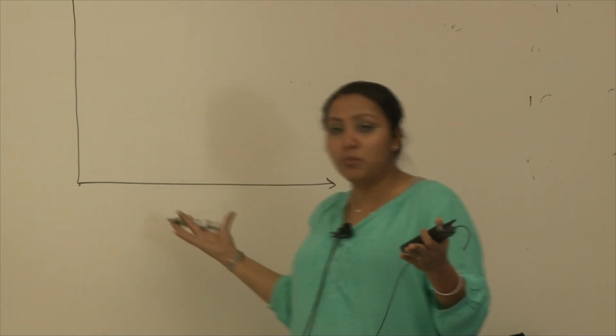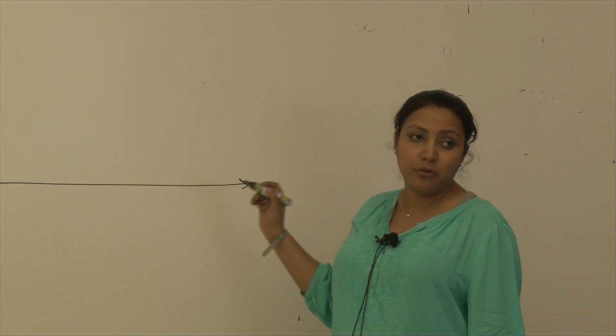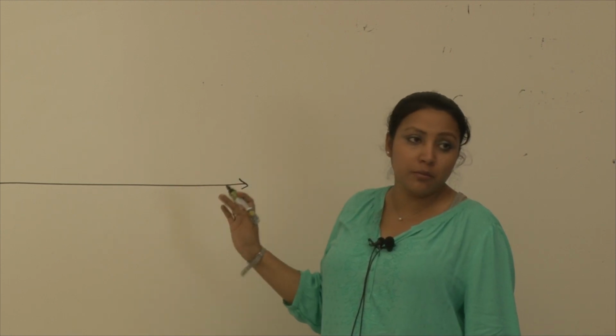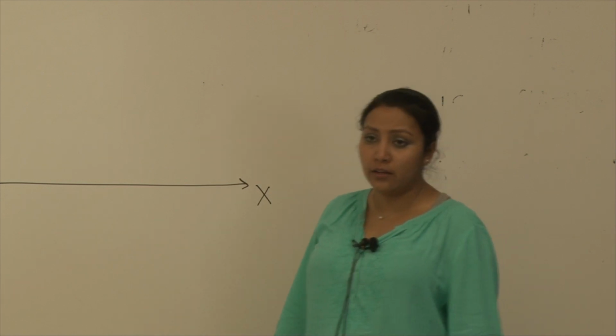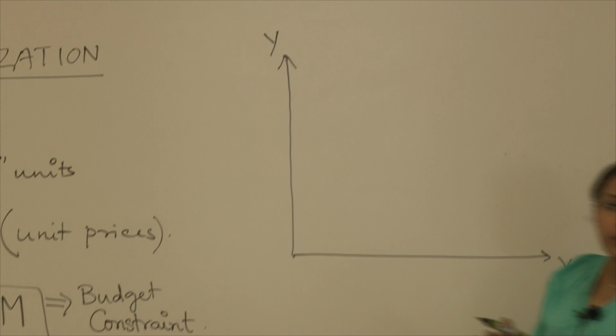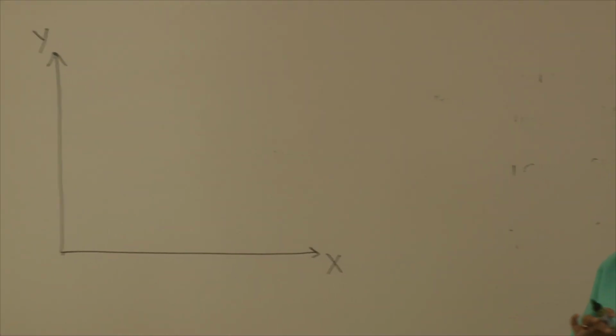So, I have to capture both the goods here. I cannot just capture one good. So, please note, unlike the demand supply chapter, here on both axes you are measuring quantity. You are not measuring price. You are measuring quantity of x on one and quantity of y on the other. It is quantity on both axes and it does not matter which one you measure along which axis.